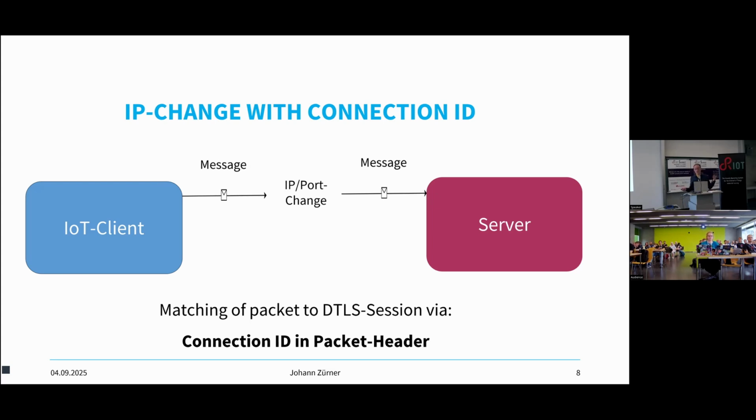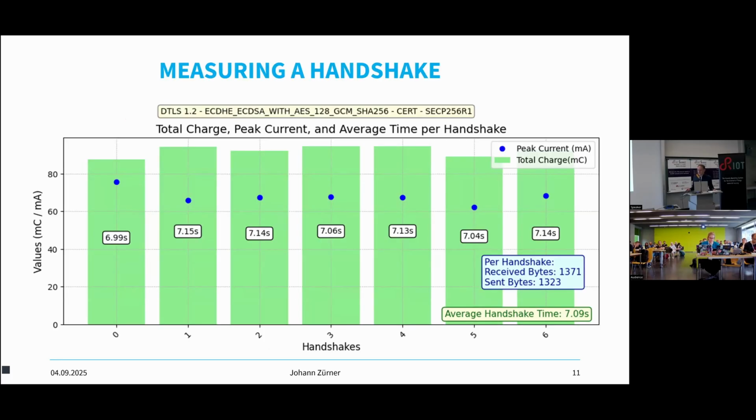So IP address or port changes don't matter, because the matching will happen according to the Connection ID. So we avoid additional handshakes when IP addresses or ports change. The server verifies the Connection ID and can keep the connection active.